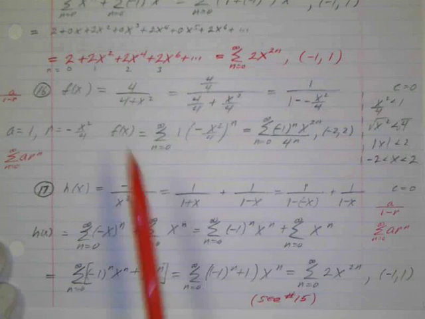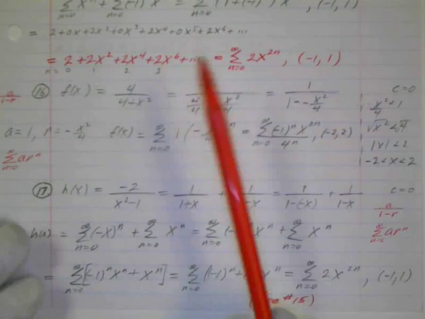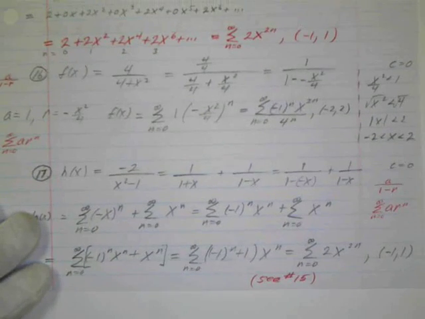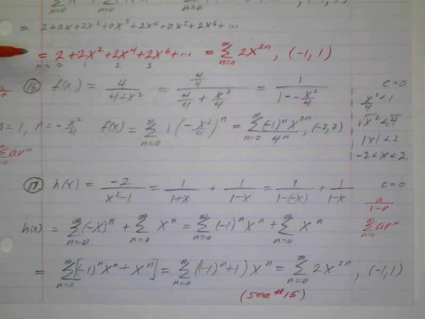So you can see the work over here in number 15, so they're the same. Same thing. So same series. So I think that was maybe the point of number 17, to go back and make sure you understand that. So this is real handy up here, real handy.